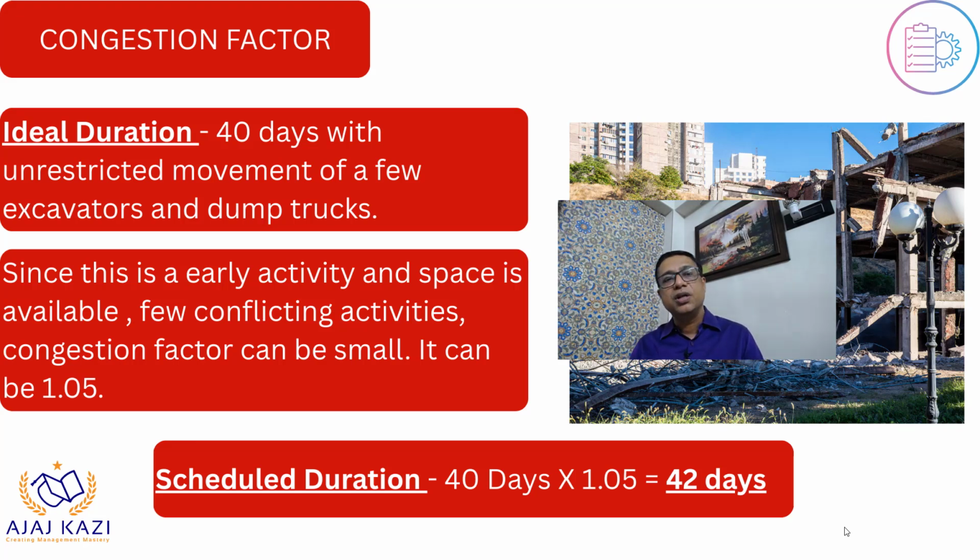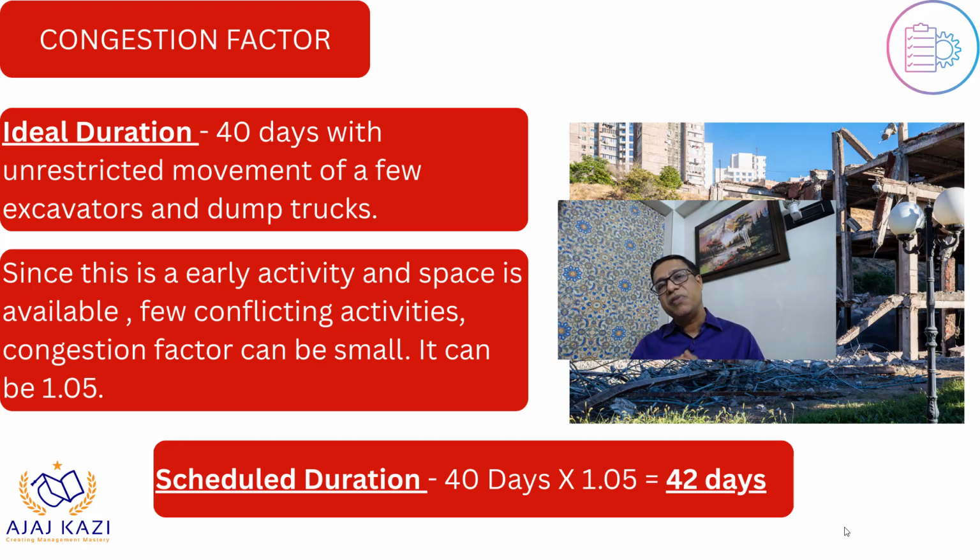So the ideal duration for this excavation is 40 days with unrestricted movement of a few excavators and dump trucks. Since this is an early activity, the space is available because you are the first one to go. Nobody is there. There are only a few activities happening, so there is no major conflict there, right?